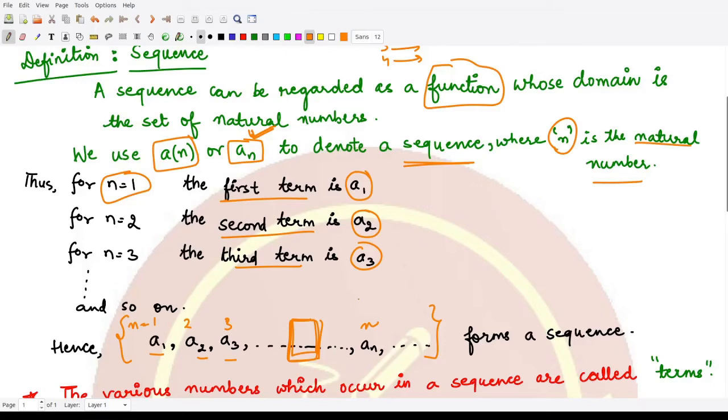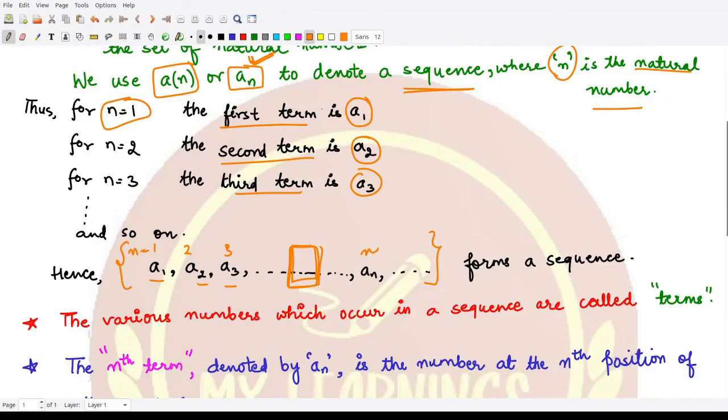So what actually is a term in a sequence? Whatever number occurs in a sequence, we call that a term. a1 is our first term, this is the second term, this is the third term. All the different numbers appearing in this sequence are termed as terms.